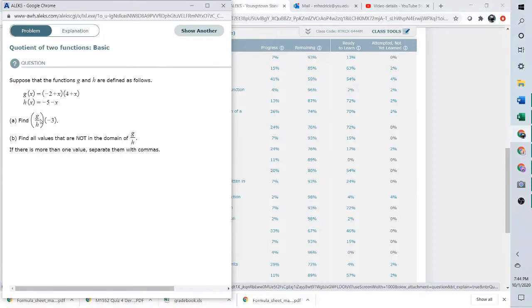Make sure we have it written right. Okay. So we want g over h. Right now we know these are both all real numbers because there's no fractions, there's no square roots. We know x is a member of all real numbers.